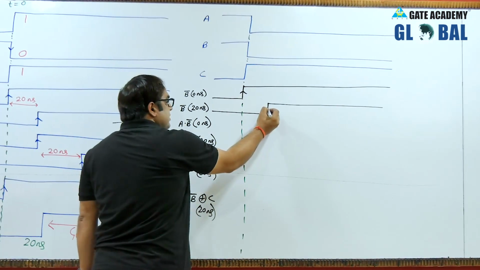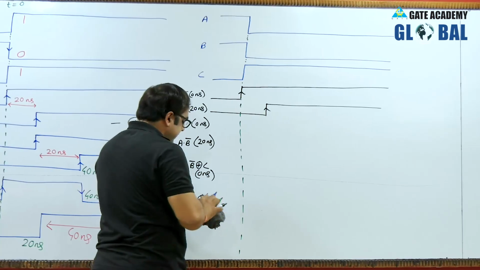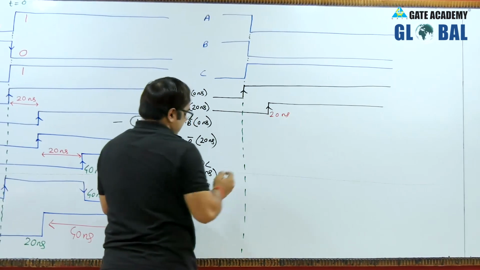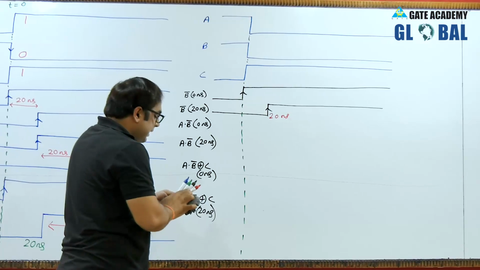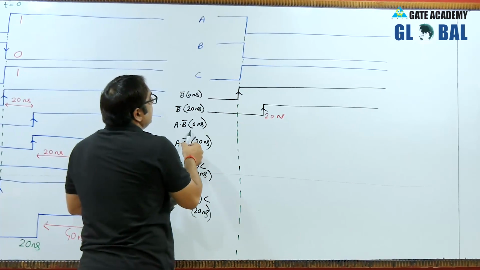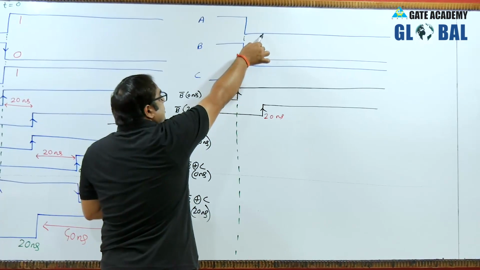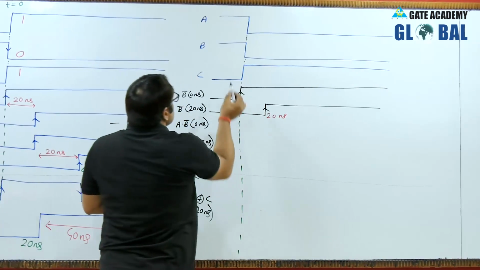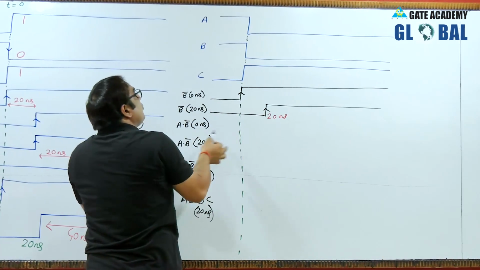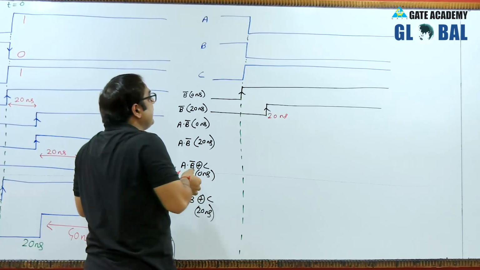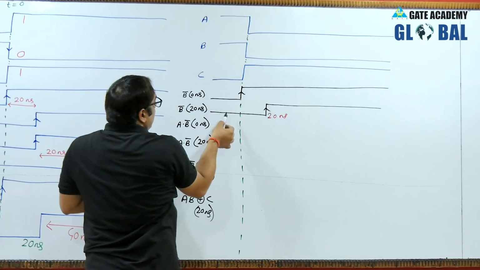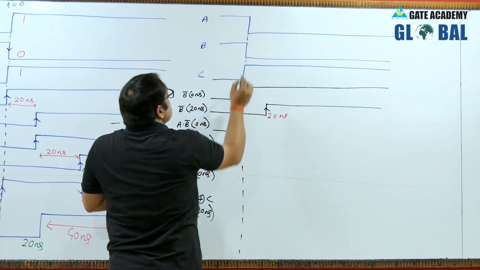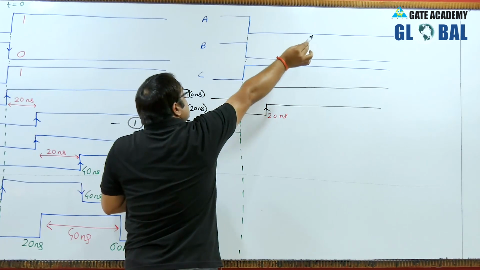So this is a transition. This instant is 20 nanosecond. Okay. Now A dot B complement. So A is equal to 0, so it does not matter what is the value of B complement. Let's say if I want to draw it for before t equal to 0, then also we can do. See, B complement is 0 initially, so this will be 0. And what happens at t equal to 0, A becomes 0.